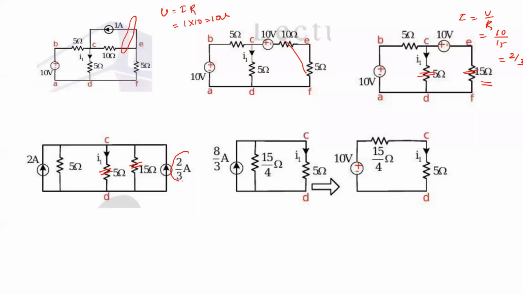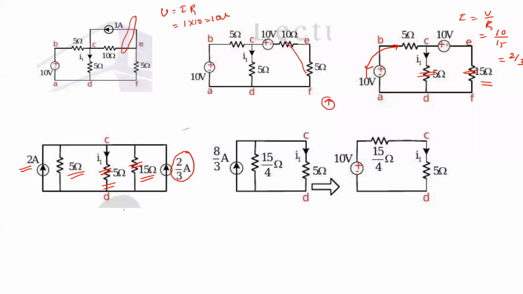That is written here. Similarly, can you observe here the voltage source in series with the resistance can be converted into a current source in parallel with the resistance. Same thing. Use Ohm's law. 10 divided by 5 is what? 2 amps. Then 5 ohm is connected in parallel. All right. Now this 5 ohm should be kept as it is between the nodes C and D. Then 5 and 15, they are connected in parallel.